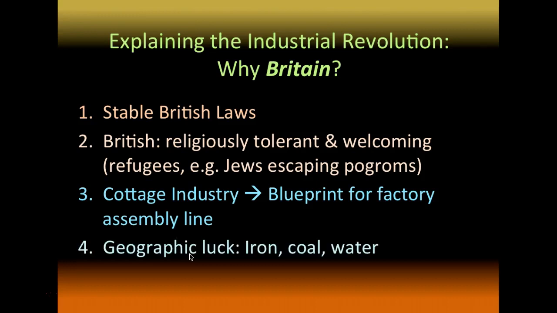And then geographic luck. Britain has some extraordinary luck when it comes to the stuff that is in the earth underneath the people. First of all, there's a whole lot of iron. Iron is used to produce steel, and steel is one of the strongest metals of the world. It is very useful to build things out of steel.